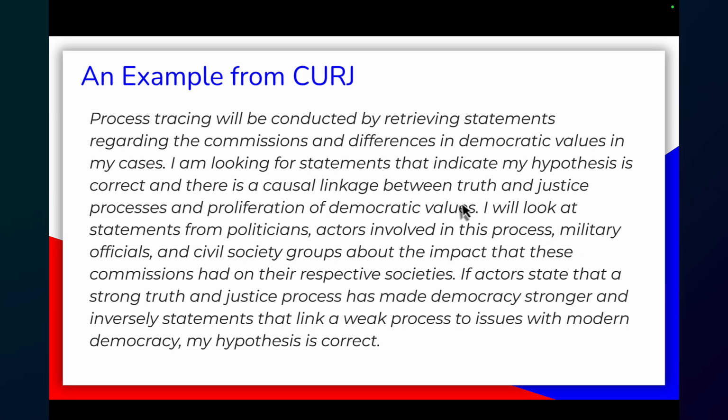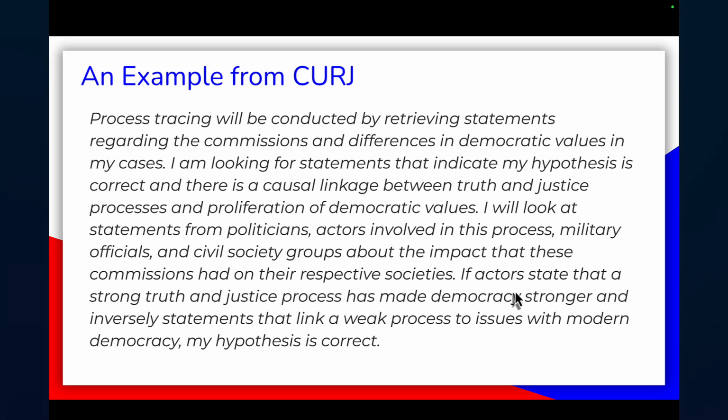So you can see these first 2 sentences are talking about, like, I'm going to be doing process tracing, and I'm looking for statements that support my hypothesis, that there's a causal linkage between truth and justice processes and proliferation of democratic values. And then the author says, these are the kinds of actors I'm going to be looking at, statements from them, politicians, military officials, civil society groups.